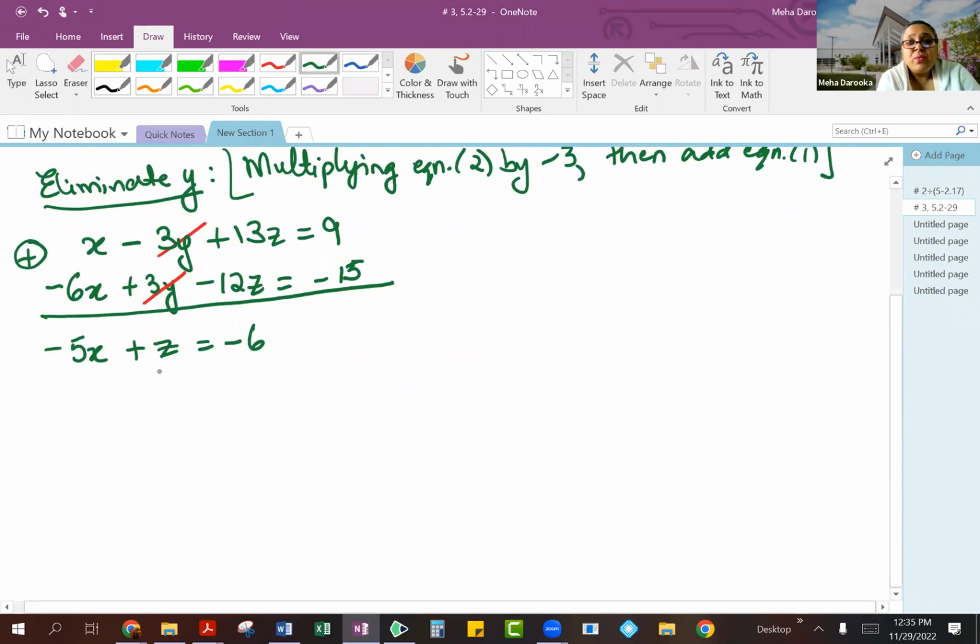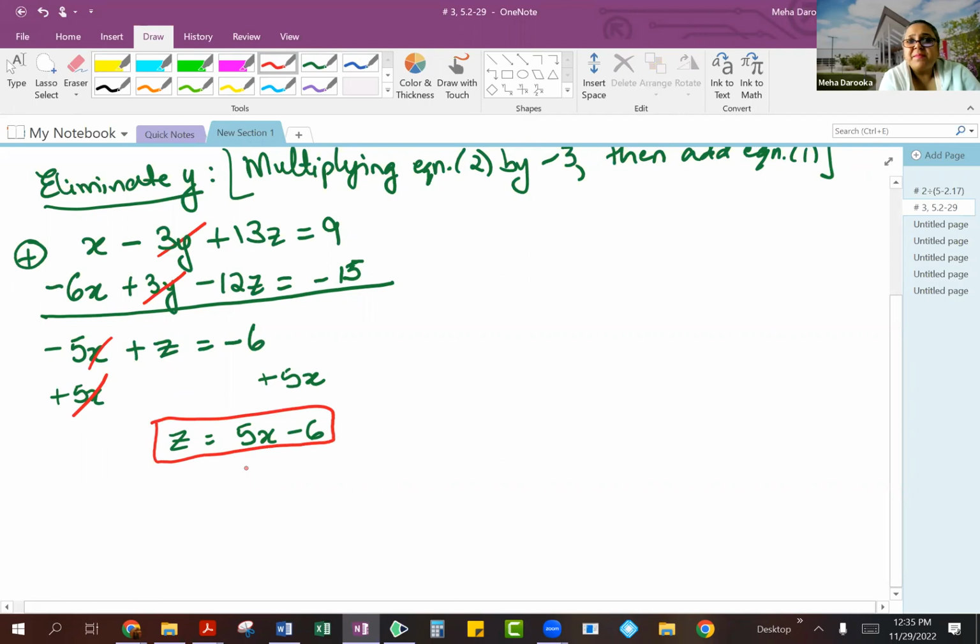So now we can actually rewrite this where you will put z in terms of x, which means get the z by itself and move your x term to the other side. So now we can go ahead and add x, or in this case, 5x to the other side. And we end up getting z equals +5x minus 6.